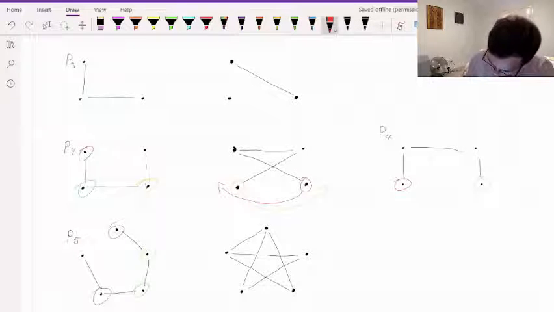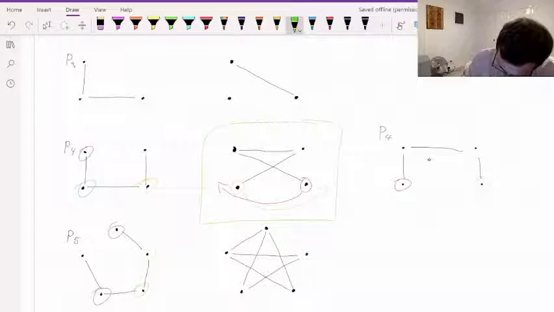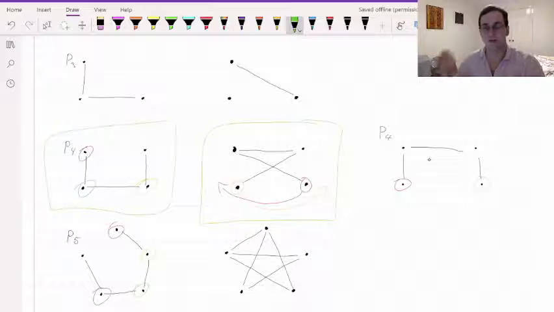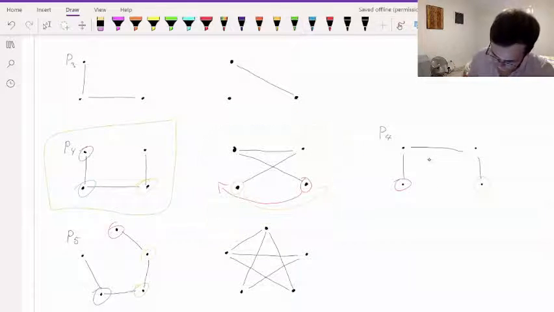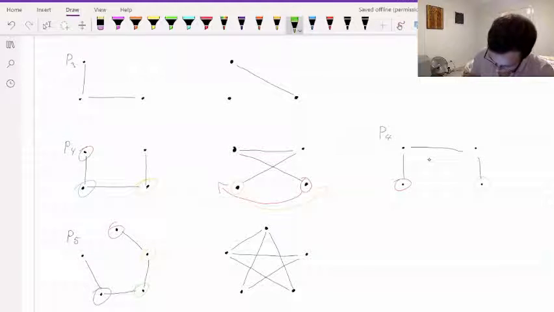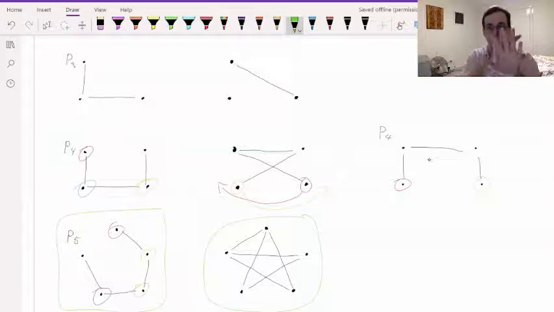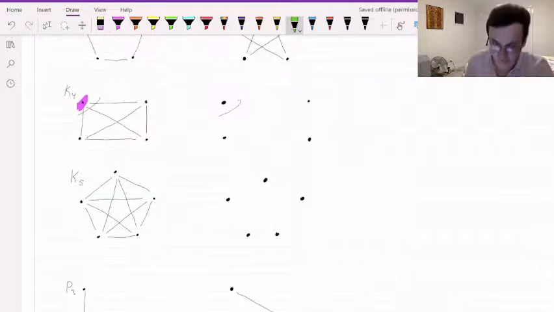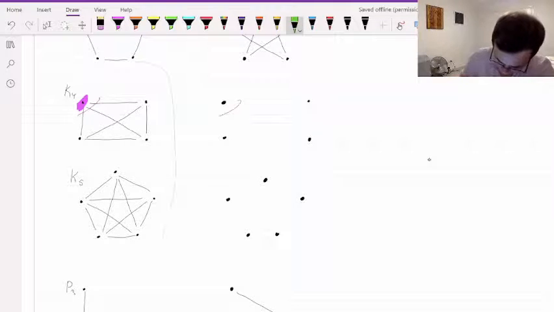So, if I take this graph and I overlay it with this graph, you can see that I end up with the complete graph. The same thing can easily be seen with P5 and P5's complement, but when I overlay them, I get K5, right? Which you can see we're just here, K5 and K4 respectively.